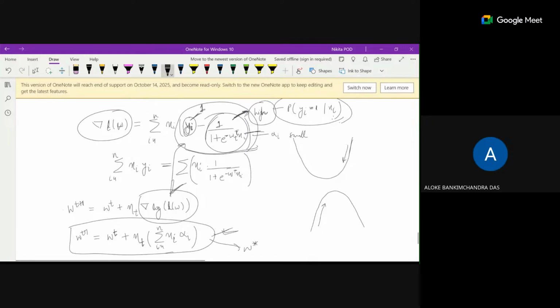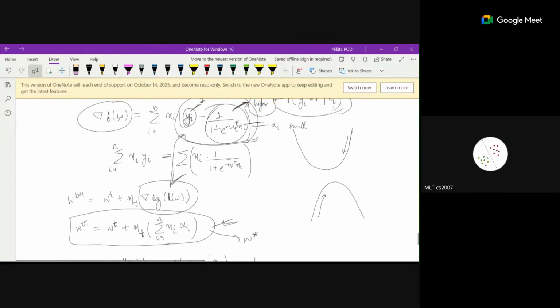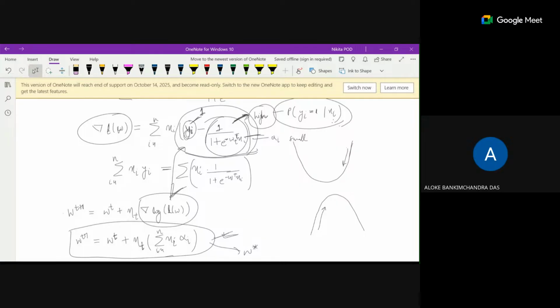Low means the denominator has to be high. If you look at it the other way, if the probability is low, the denominator has to be high, which means instead of minus W transpose it should be e to the power plus W transpose xi.